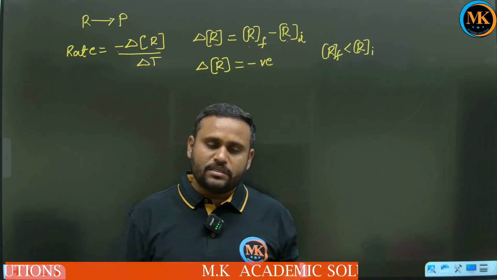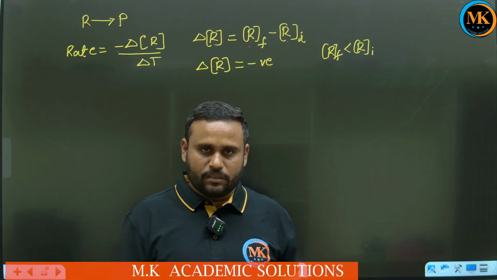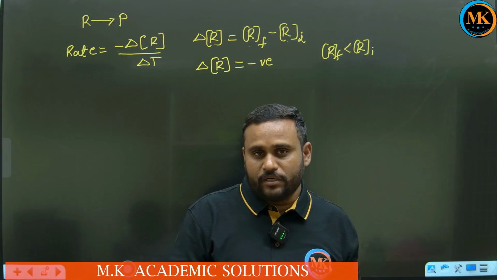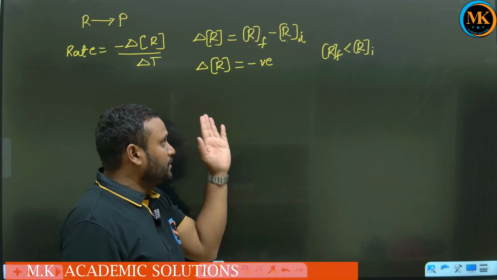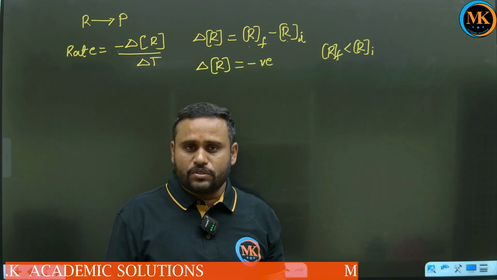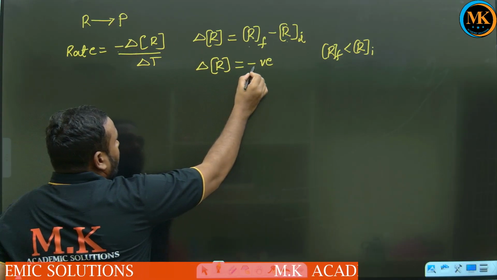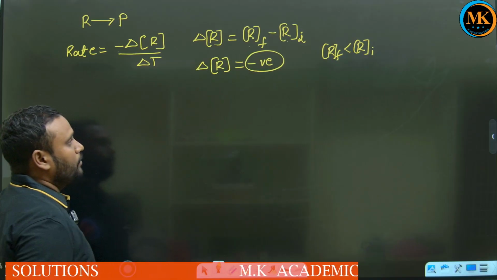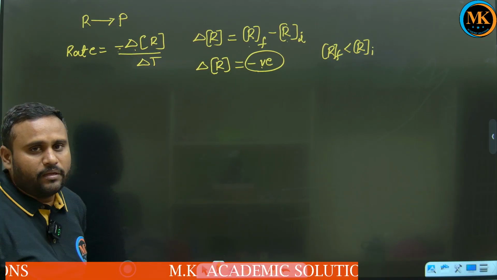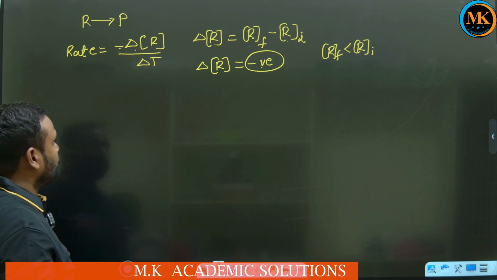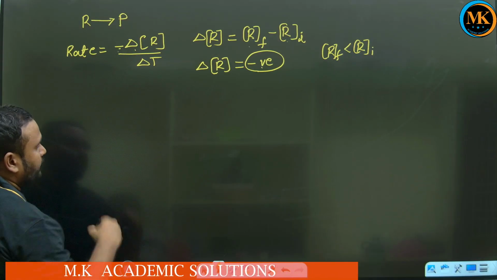We say the speed is 20 kilometers per hour, 30 kilometers per hour, but we never say minus 20 or minus 30 kilometers per hour. Here also the speed of reaction needs to be expressed as a positive value only. Without the negative sign, delta R would be a negative value, so to convert it into a positive value we multiply with the minus sign, because negative into negative becomes positive.